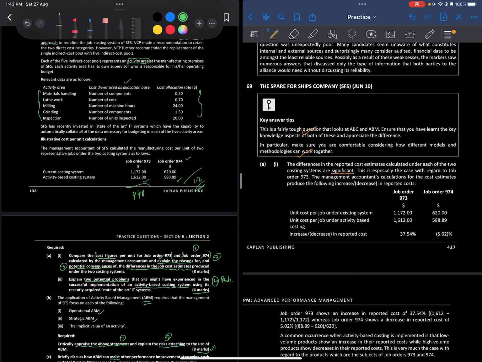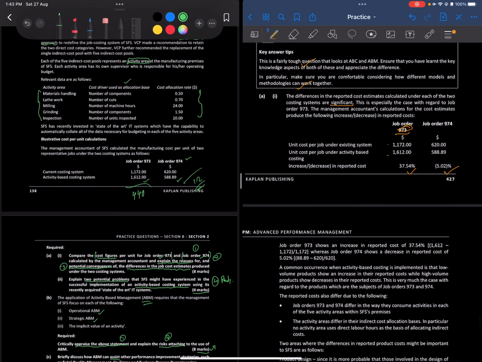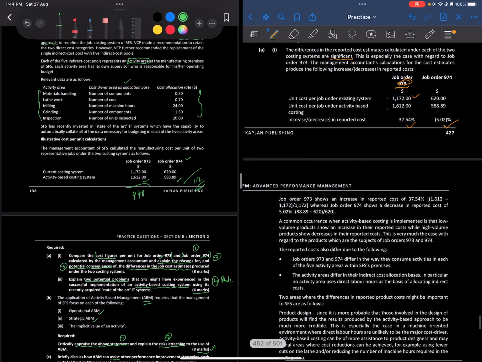As you can see, in the management accountant's calculation, that's especially the case with 973, right? It's a 937.54% increase in the reported cost. And for job order 974, it's 5.02, right? How do they calculate it? It's simple: this figure minus this figure, then based on this figure, under the existing system versus the newer system.